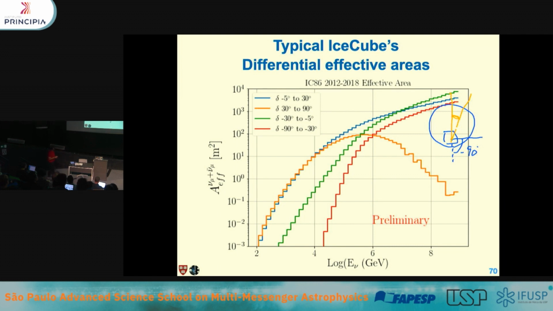That means I can put relatively loose cuts in my event selection. On the other hand, if you see something that comes in this direction, it could be background. So I need to put higher requirements on those to be neutrinos. That is why this starts at higher energies. We're going to talk about that more in some minutes.